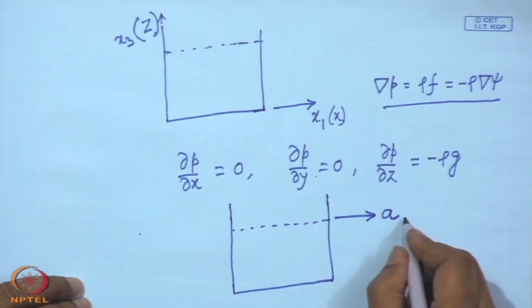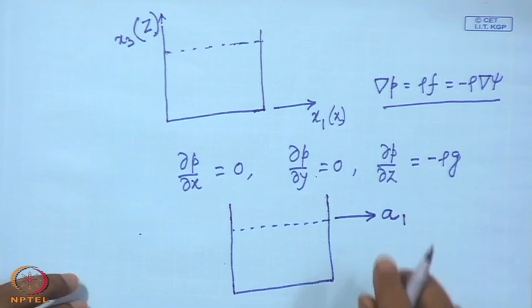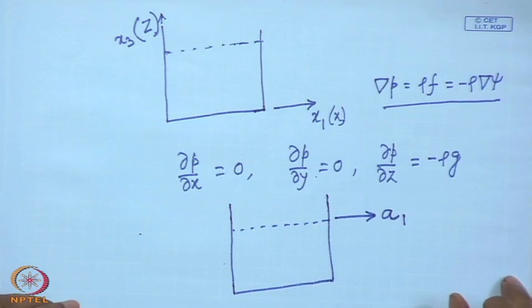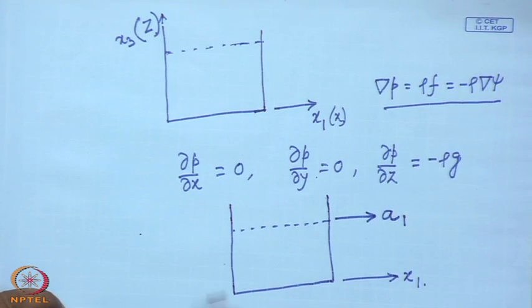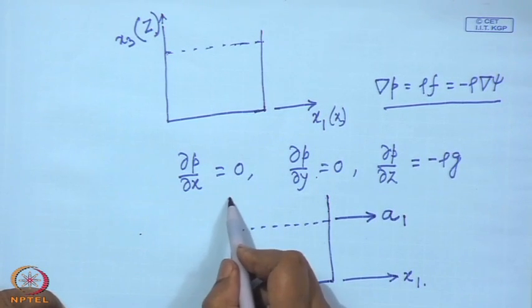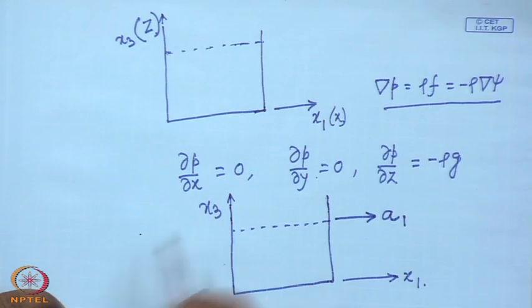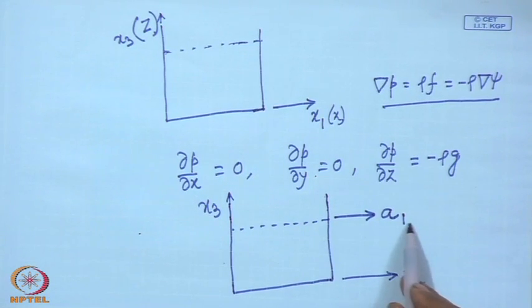Let us call it a1. This a1 is just to represent that it is in direction 1. Okay. And this is the x3 direction as before. So, now this container has a steady uniform acceleration.